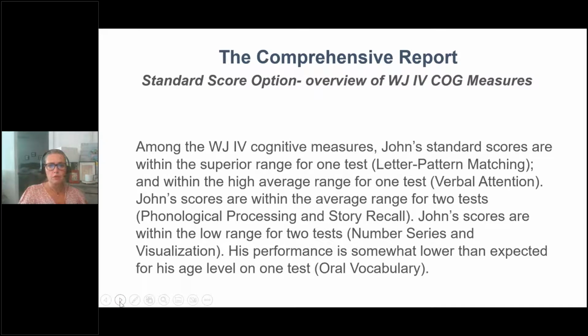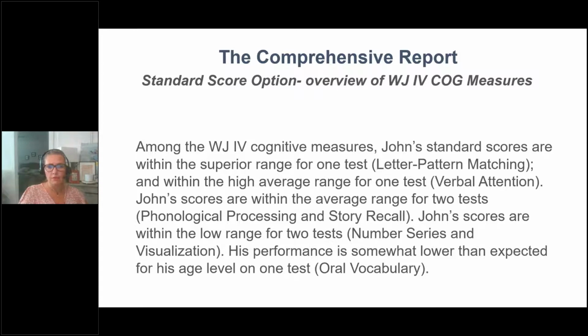Now, if we want to go a little deeper, this is an example of a standard score option overview of the WJ4 cog measures. So this is an example of something that would be provided on that comprehensive report. Among the WJ4 cognitive measures, John's standard scores are within the superior range for 1 test, letter pattern matching, and within the high average range for 1 test, verbal attention.